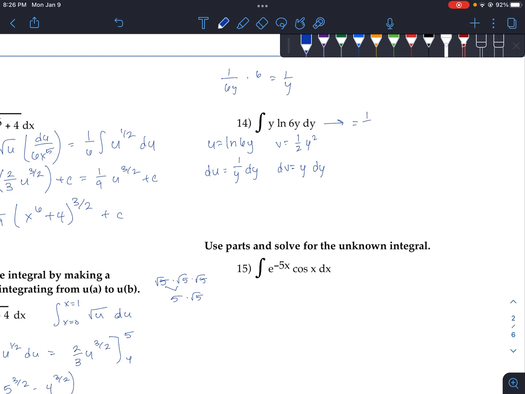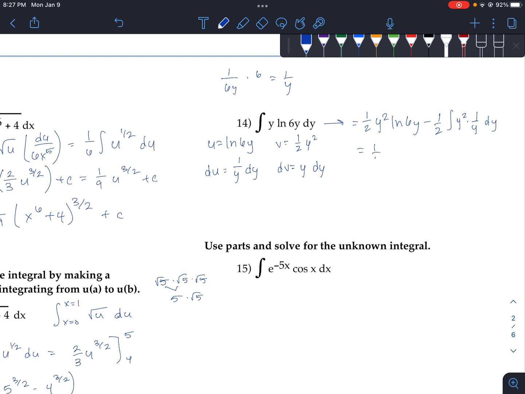So we'll say 1/2 y squared natural log of 6y minus the integral of, I'm going to write the 1/2 on the outside. So minus 1/2, I'll have the integral of y squared times 1 over y dy. And you can see that that's just going to result in y.